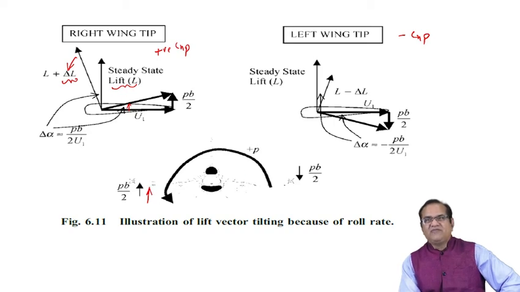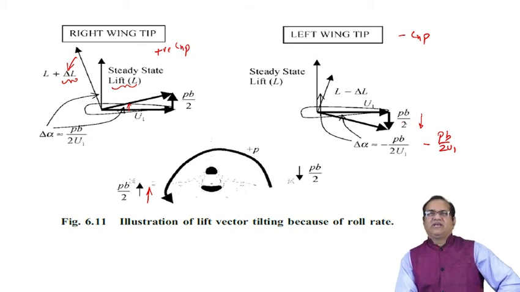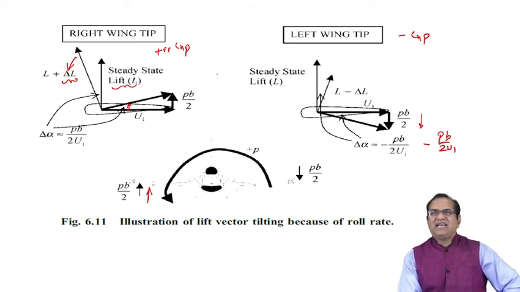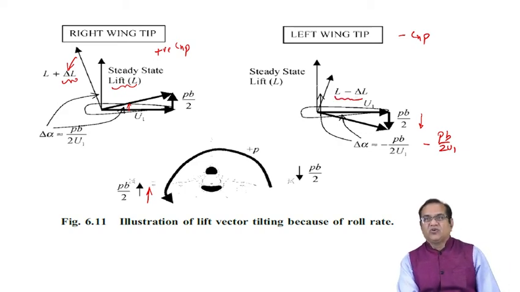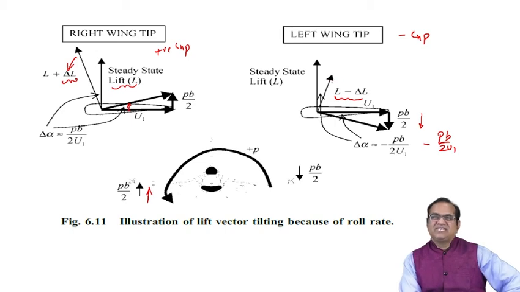But what happened in the left wing? You see here, this is the U1, a forward velocity, PB by 2. This velocity is going downward. So you have the angle of attack as a minus PB by 2 U1. So here the lift, suppose here L plus delta L, here initially it was the L, now this is L minus delta L. And also the direction of this thing is changed.